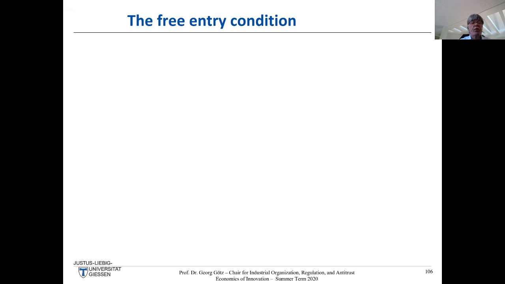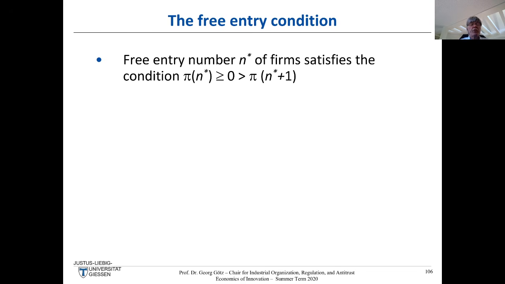This is rather straightforward given what we derived by now, because the free entry condition is simply that we determine the equilibrium number of firms, n star. It has to satisfy the condition that n star firms can break even, so they have a profit of 0 or greater, and an n plus 1 firm could not enter.